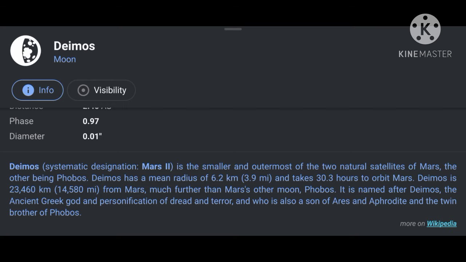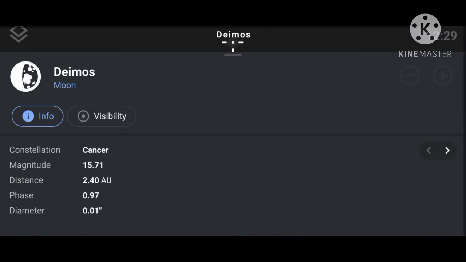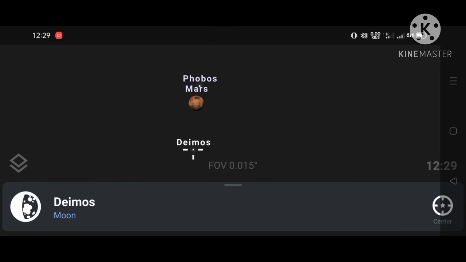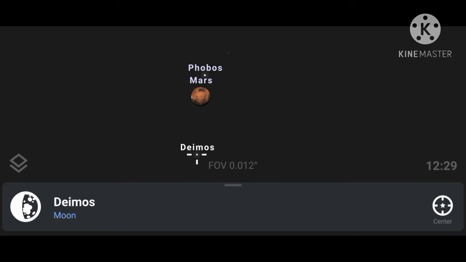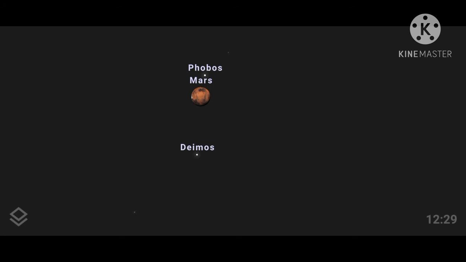Deimos is about 23,460 kilometers from Mars and is named after Deimos, the ancient Greek god and personification of dread and terror, who is also a son of Ares and Aphrodite and the twin brother of Phobos. Hence Phobos and Deimos, as 2 moons, are coined as twins.